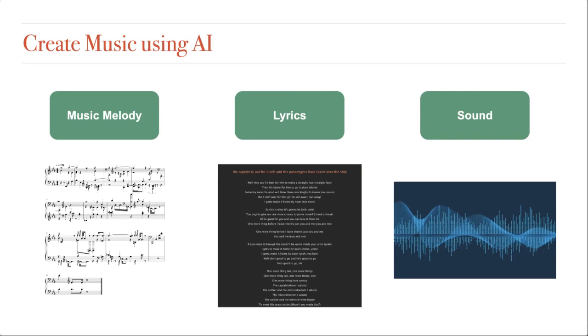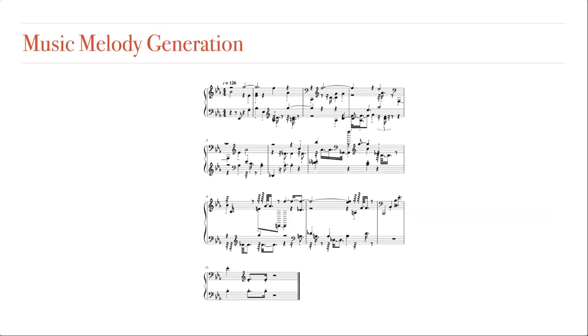Another aspect is sound generation. We've been working on using AI technology to directly generate novel sounds that musicians can use in their music. I think I'll just play a few examples first.